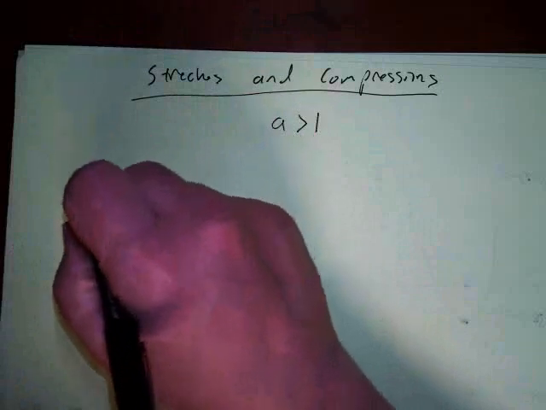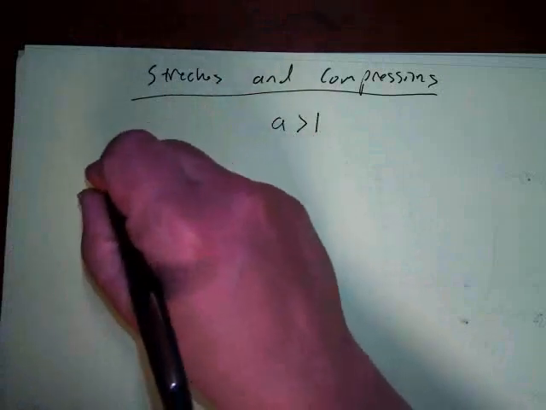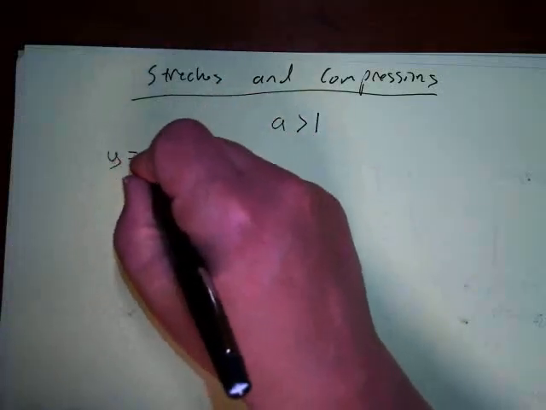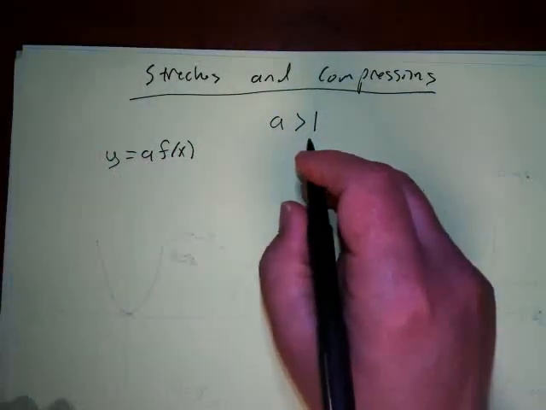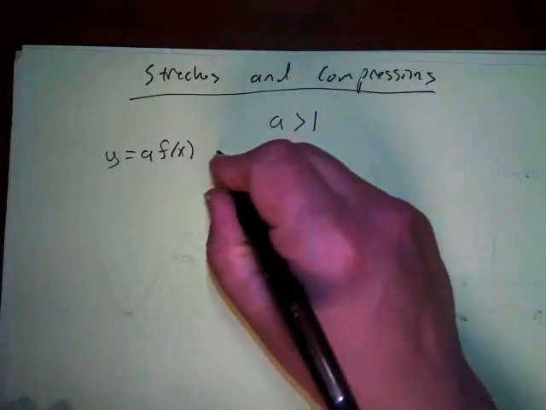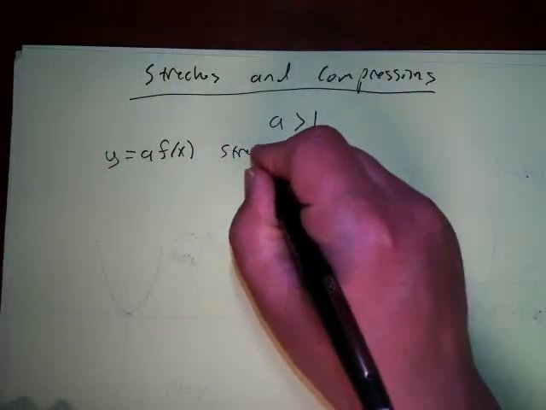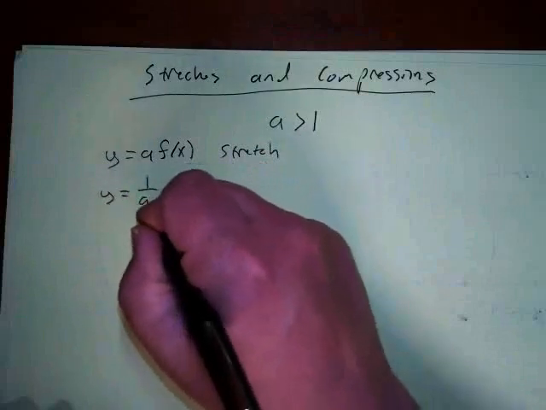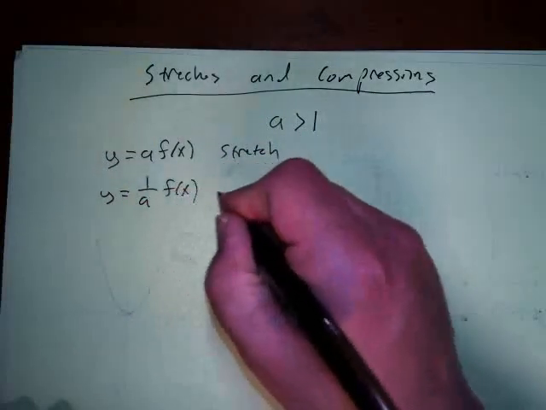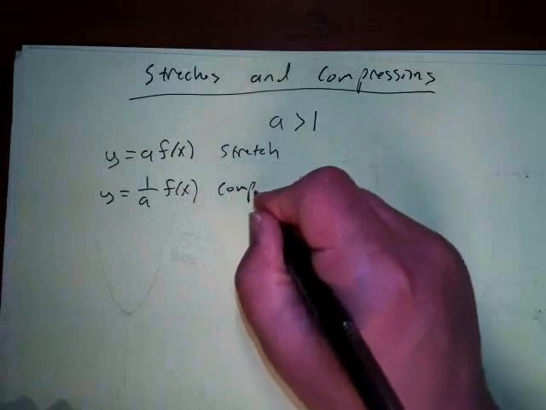Then if I multiply f of x by A, that's going to stretch it. And if I multiply it by 1 over A, that's going to compress it.